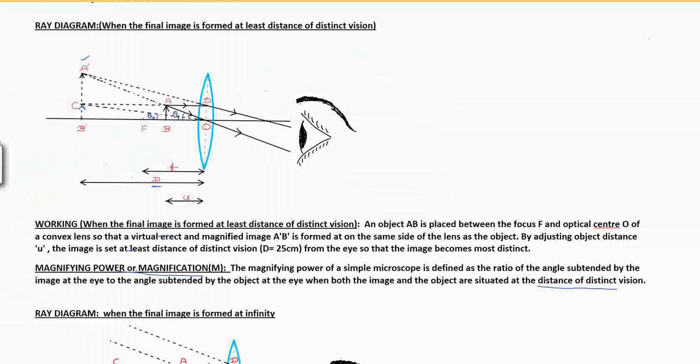Now see here, theta O is the angle subtended by this virtual object B dash C at the eye, and theta I is the angle subtended by this image A dash B dash at the eye, when both are situated at the distance of distinct vision D.